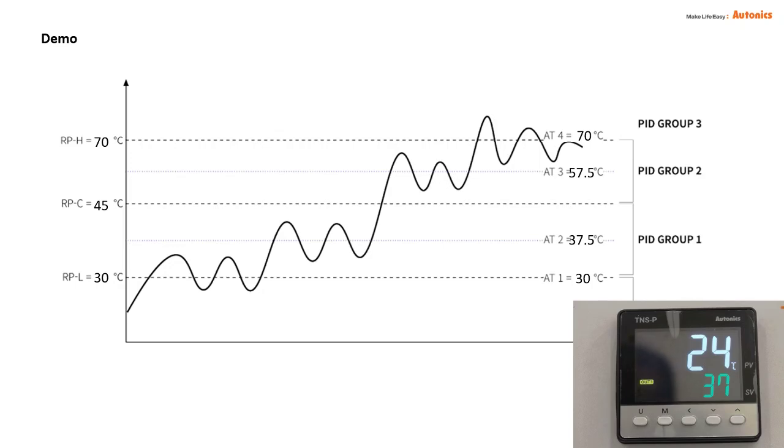After the auto tuning of the first AT, it automatically shifted to the second auto tuning set point, which is 37.5. Now increasing the temperature again, it automatically shifted to the third set point, which is 57.5.